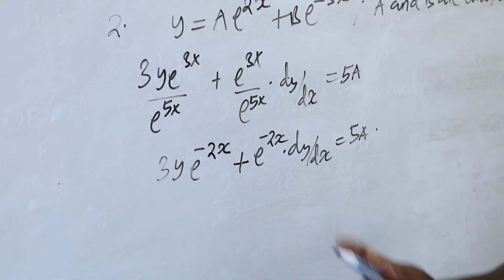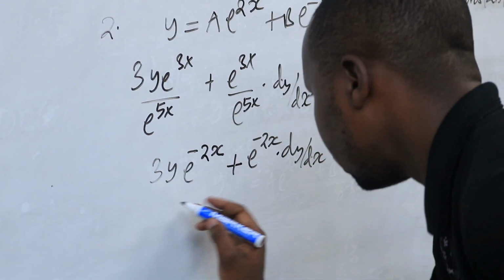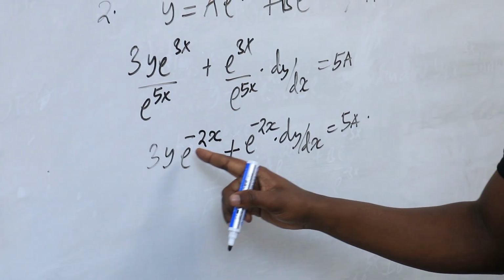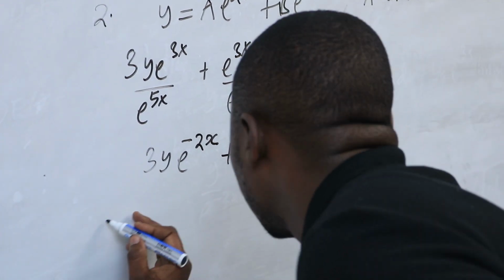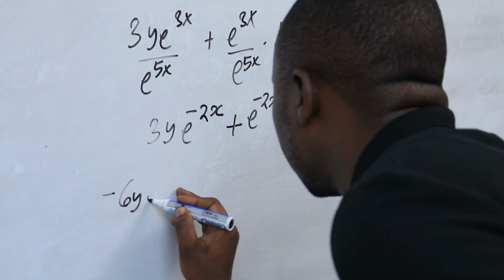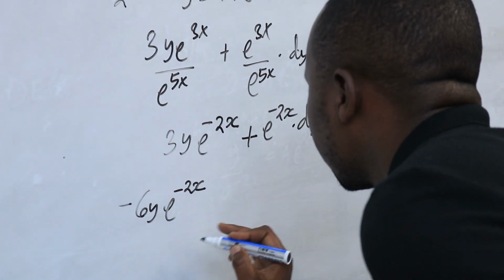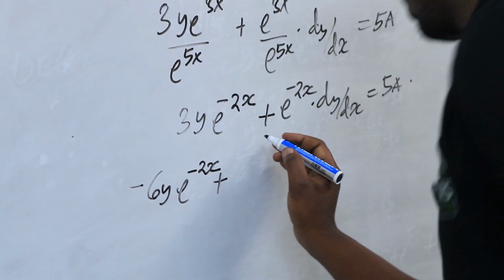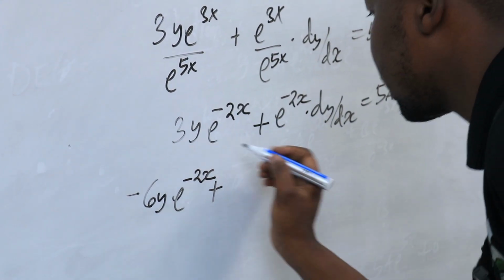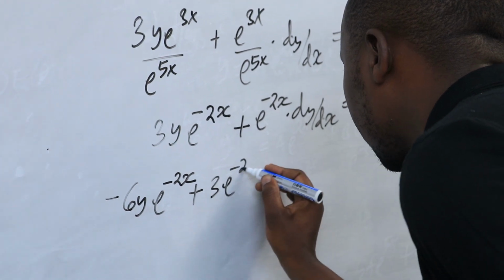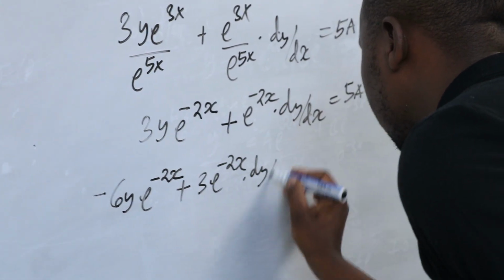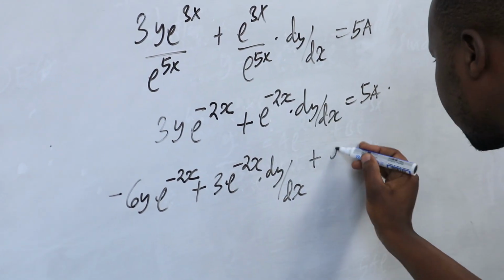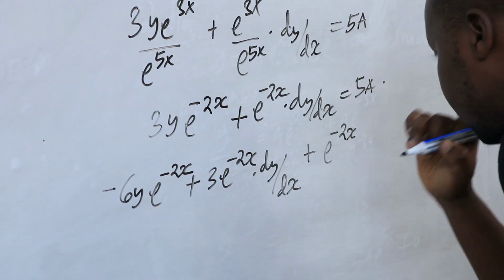So now we apply second differentiation. Keeping 3y constant, differentiating this becomes negative 6y e raised to negative 2x. Now we plus, keeping e raised to negative 2x constant, differentiate y, we get 3 e raised to negative 2x, then dy/dx. Now we plus, keeping e raised to negative 2x constant.